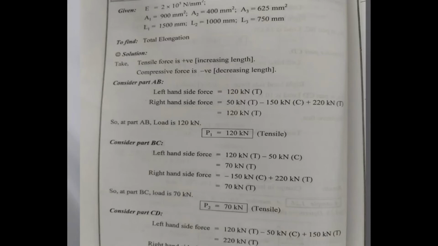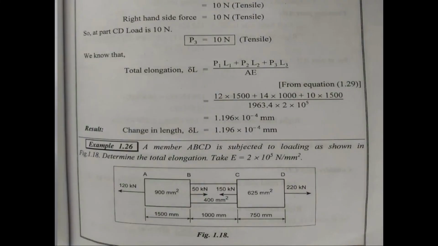Then consider the part BC. Here the area of BC is 400 mm square and the length is 1000 mm. First you take the left hand side reading. You have two forces acting, one is a tension force and another one is a compression force.